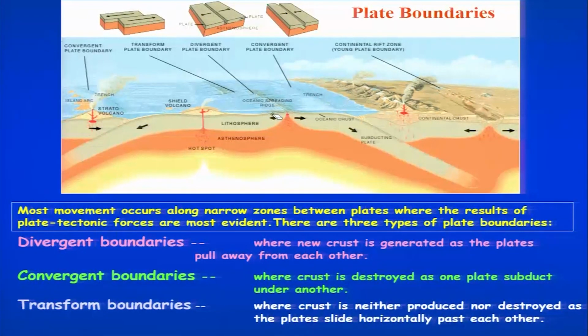These are the transform plate boundaries and they are associated with the spreading centers. See, these lines here are the transform plate boundaries. So one is your constructive plate boundaries, another is your destructive plate boundaries, and the last one is your transform plate boundary.